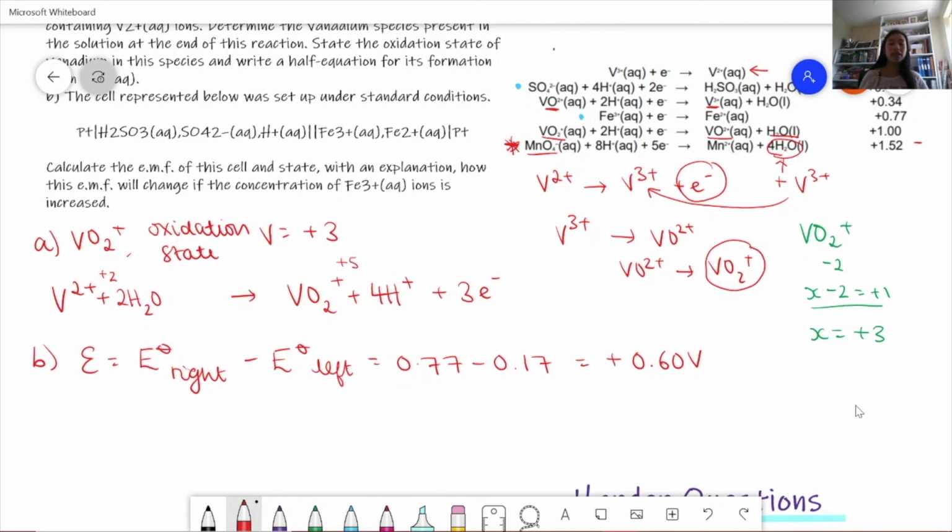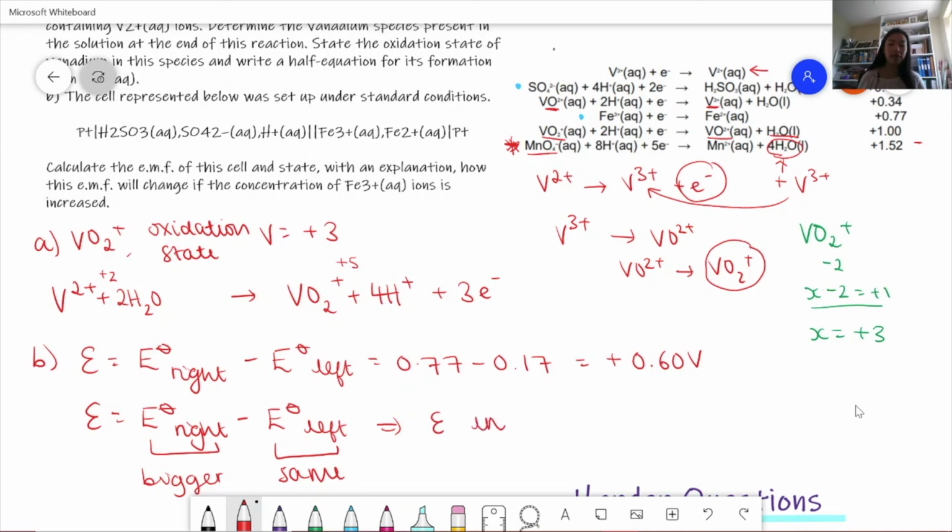And so what that does is that if we look at this equation here, we have EMF is the standard electrode potential of the right minus the standard electrode potential of the left. If this is now bigger and this has remained the same, then that means that the overall EMF of the cell will increase, because there are more of the Fe3+ ions to accept loads and loads of electrons, so its standard electrode potential is bigger.